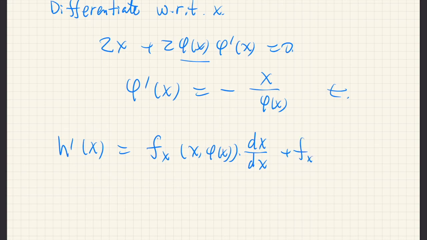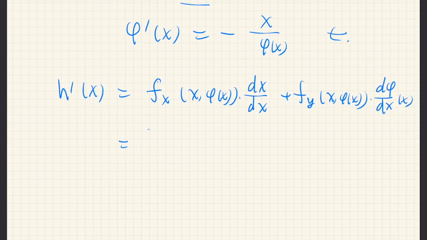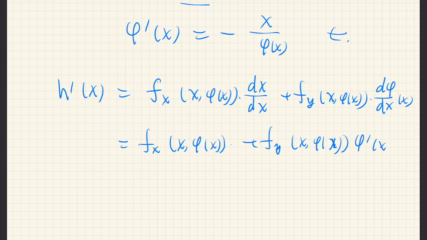And we differentiate f with respect to y, that is the second variable, and differentiate phi with respect to x. So that is fx, and this is 1. And fy, and this is phi prime.